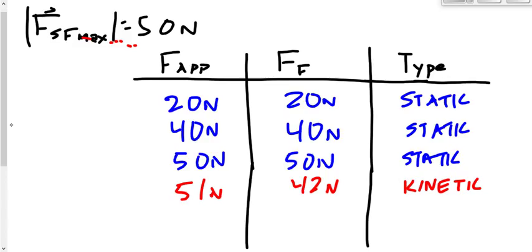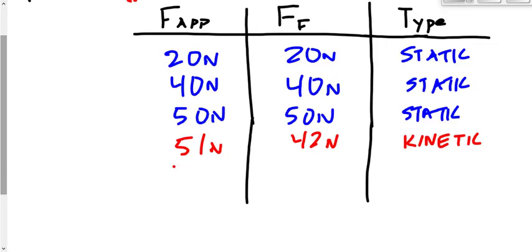Okay, let's say I push on this object with a force of 75 newtons. Does it move? Remember, static friction has already given up. It said all I can do is push with 50. He's pushing with 75. I give up. The object moves. We've got kinetic friction. What's the value of kinetic friction?